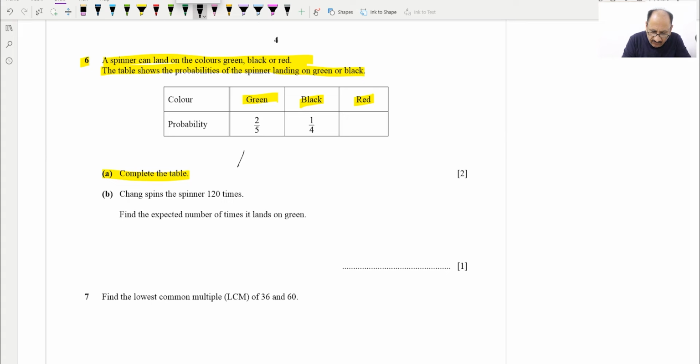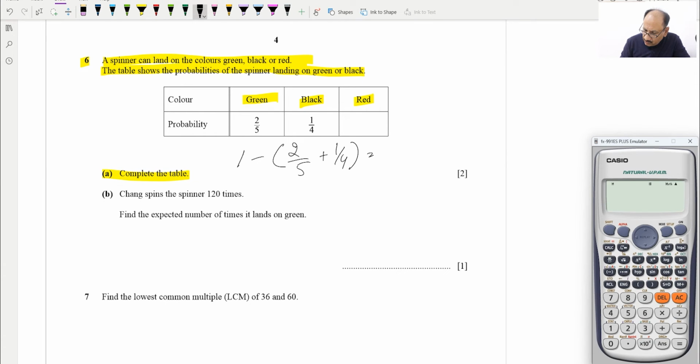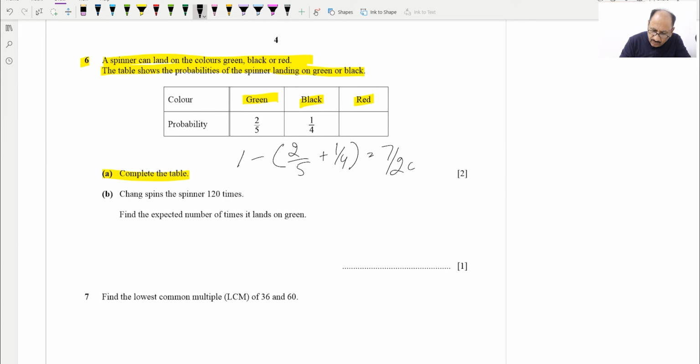So we can write 1 minus 2 over 5 minus 1 by 4, and we can use a calculator to solve this. This gives us the answer 7 over 20. 7 over 20 will be the answer for the red, and this is for 2 marks.